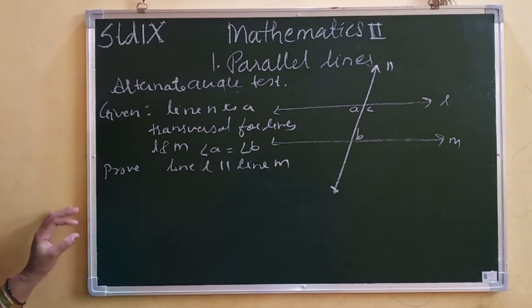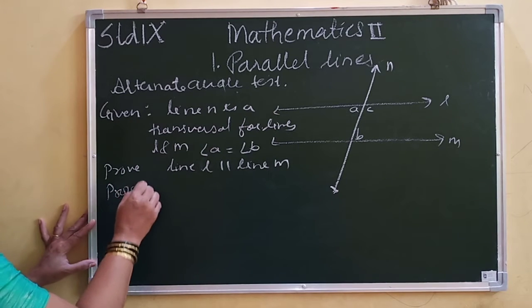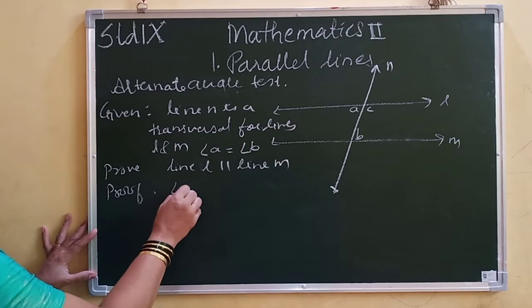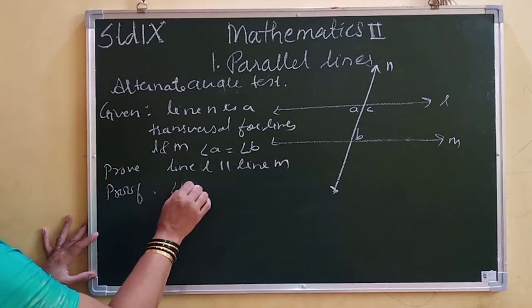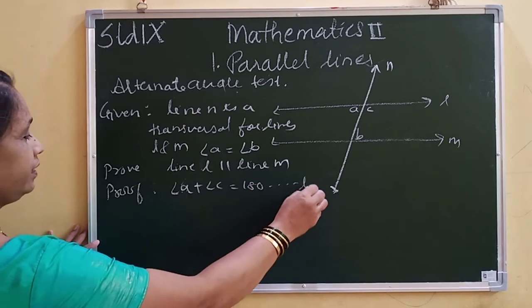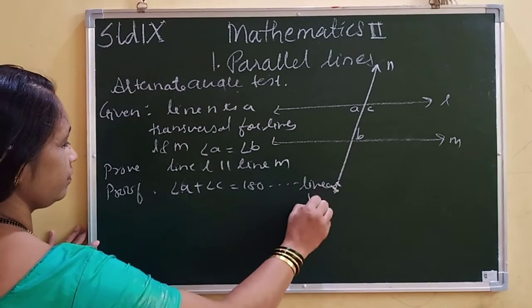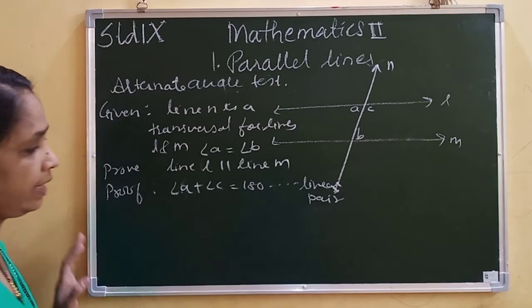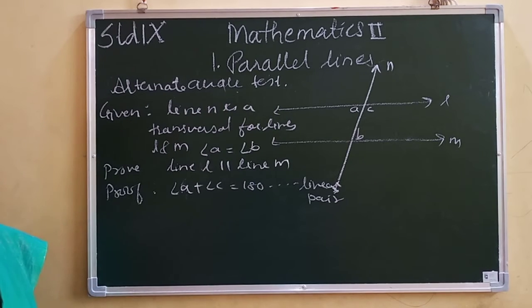Okay. So for the proof, what we have? Angle A plus angle C is equal to 180 degrees, angles in a linear pair.